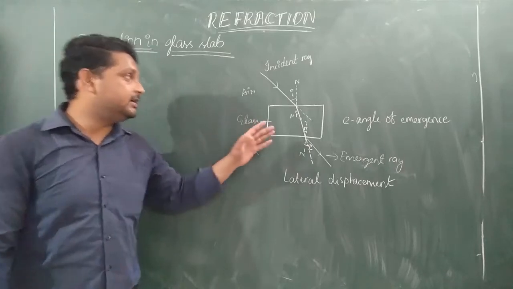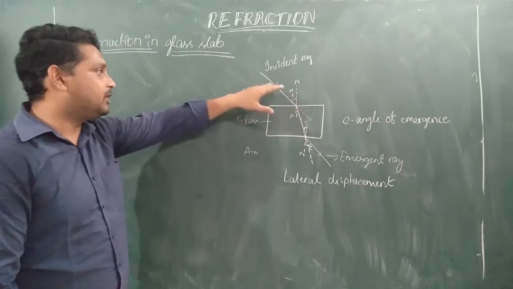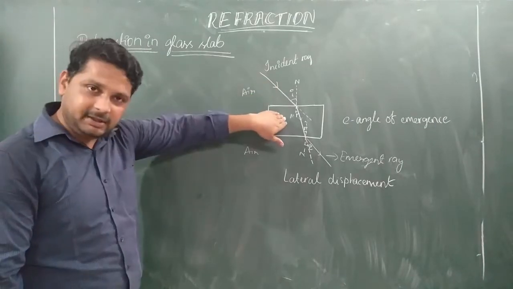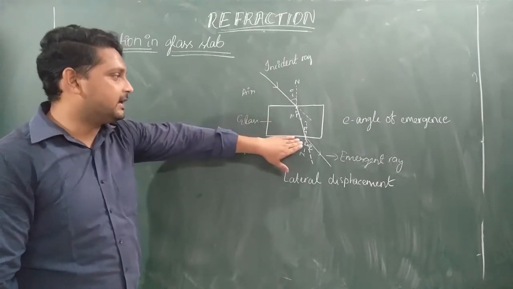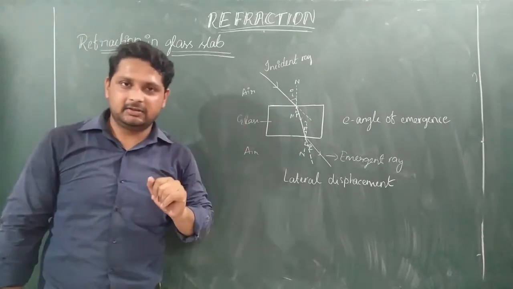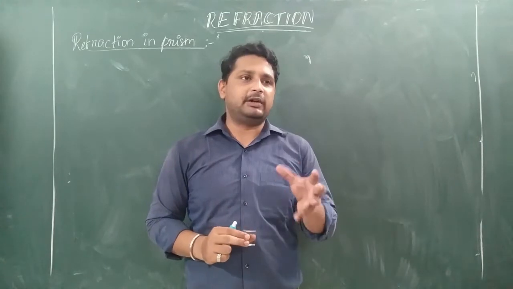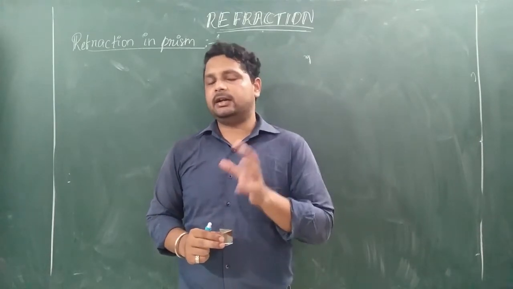You can see refraction occurring at two places: here, when the light moves from a rarer medium to a denser medium, and on this surface, when the light moves from a denser medium to a rarer medium. Good. So what we saw was how refraction occurs in a glass slab.